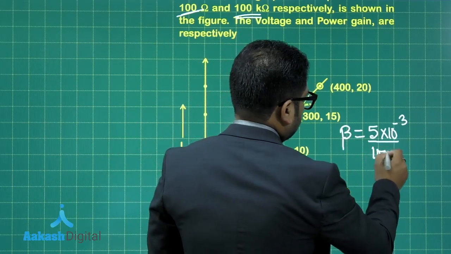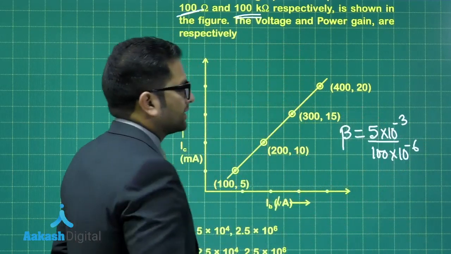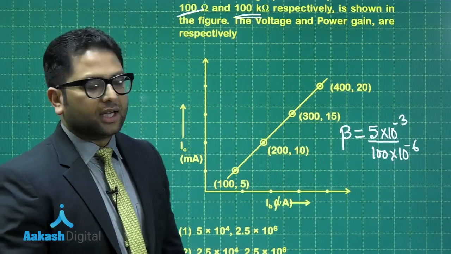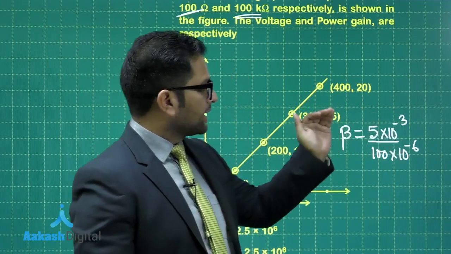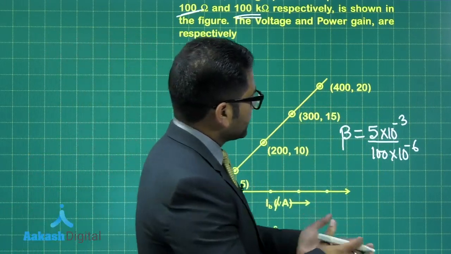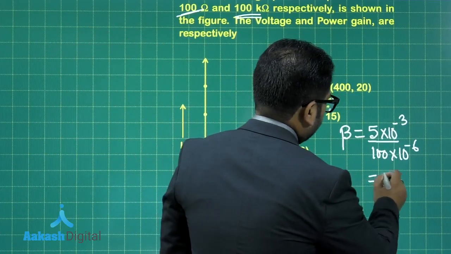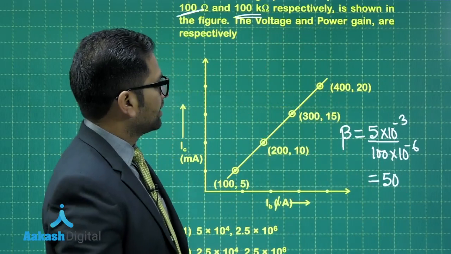So 100 into 10 raised to the power minus 6. That's how it goes. Okay, so this is beta, the output current divided by the input current. And that's a very straightforward one. The value of current gain is coming out to be 50.